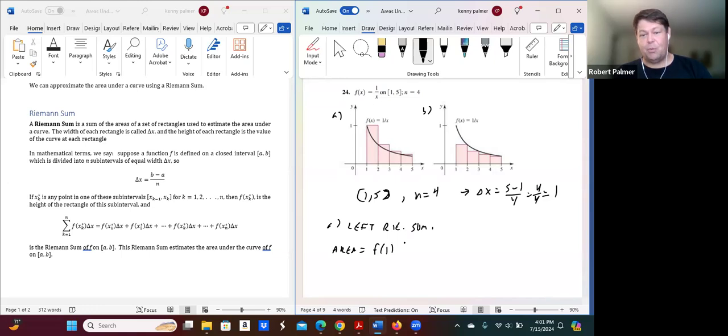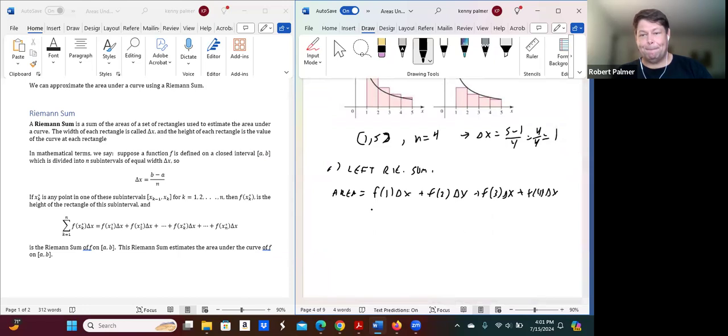Starting at 1, that's where we evaluate, times delta x, plus f of 2 for the second rectangle, times delta x, plus f of 3, that's the height of our third rectangle, times delta x, plus at 4, so our fourth rectangle, we're going to the left side, which is at 4. So f of 4 times delta x.